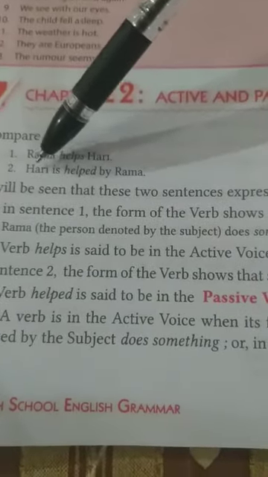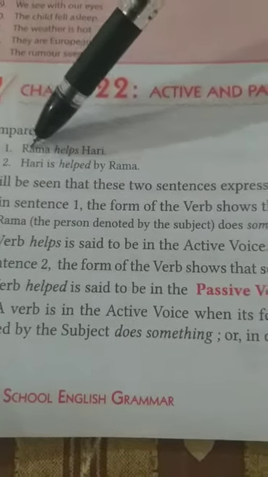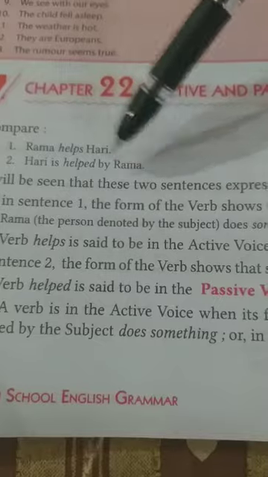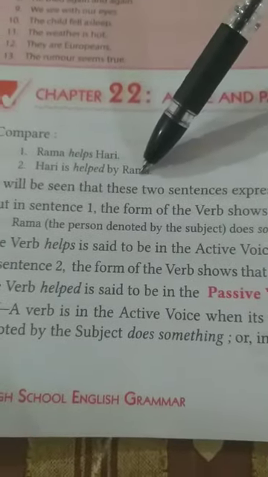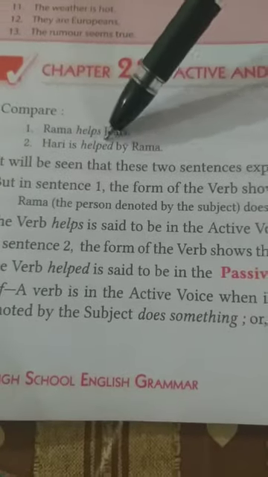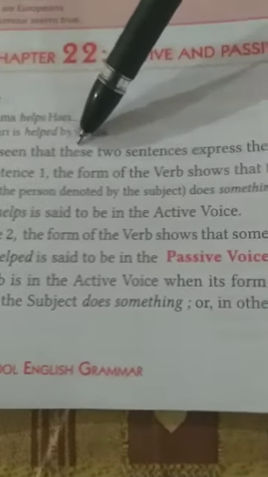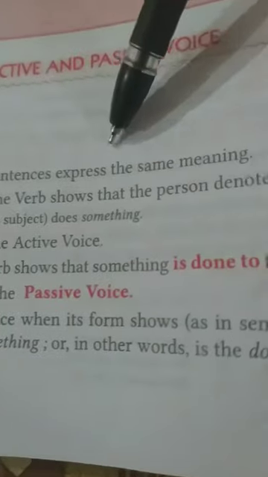In the second sentence, we see the object has come in the place of the subject and the subject has been placed at the place of the object. So here it is, Hari is helped by Rama. It will be seen that these two sentences express the same meaning.